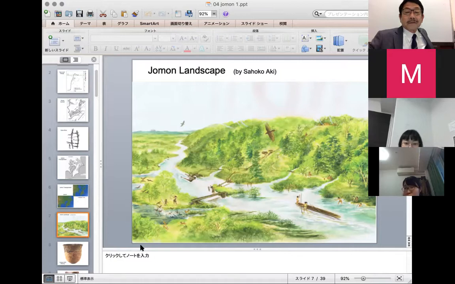And this is a reproduction of the landscape of this area, the ICU area. This was drawn by Sahoko Aki, who is a professional painter. She draws this kind of archaeological painting a lot. I had a chance to write an article in a magazine, and we asked her to reproduce the environmental drawing of the ICU area.